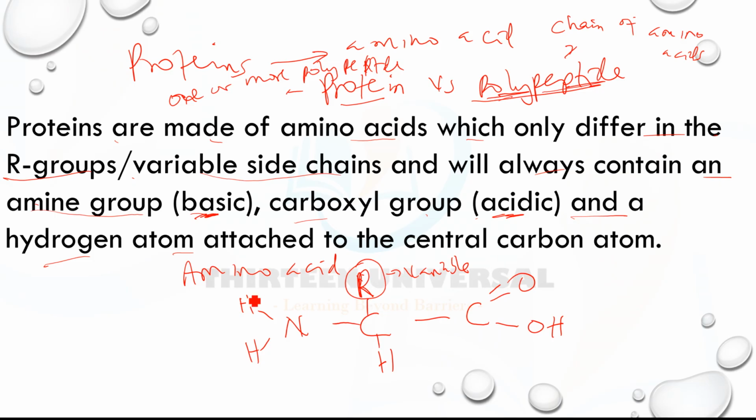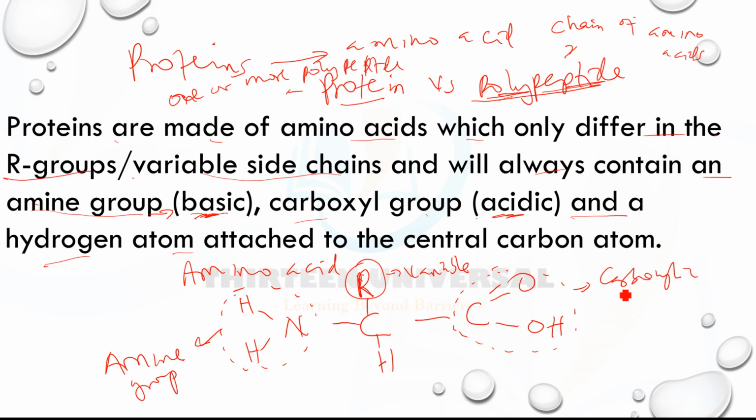But all amino acids have an amine group, or amino group, and the amine group is basic. All amino acids also have a carboxylic group, and carboxylic groups are acidic. They also have a hydrogen atom attached to the central carbon atom, which is called the alpha carbon.